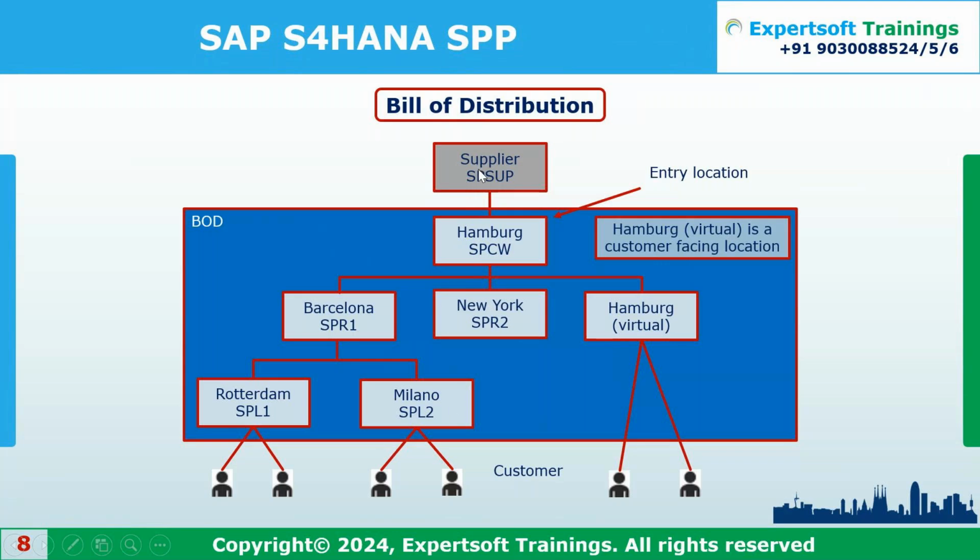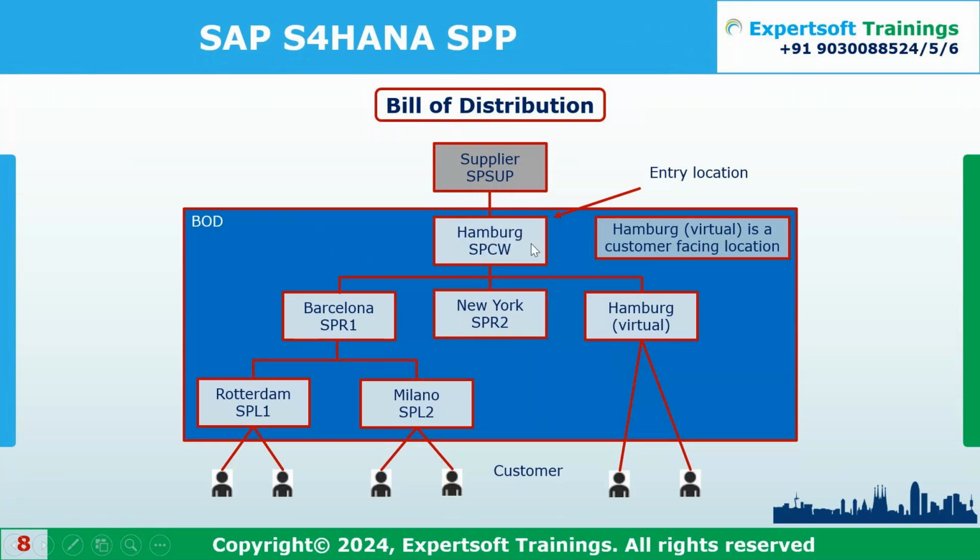Here, this is one. This is the supplier, so this is the entry location of the BOD. It has some intermediate child locations. These are the intermediate parent locations.